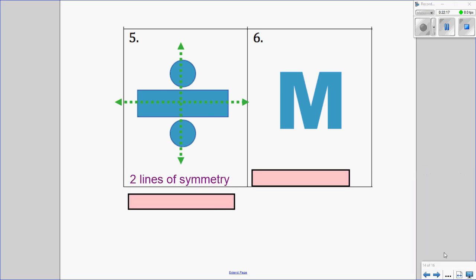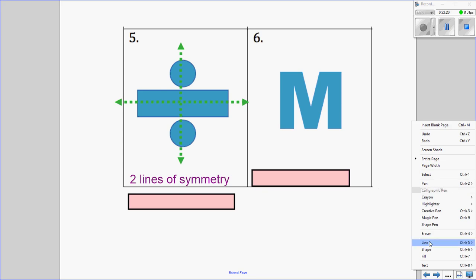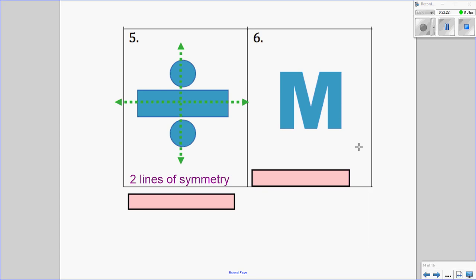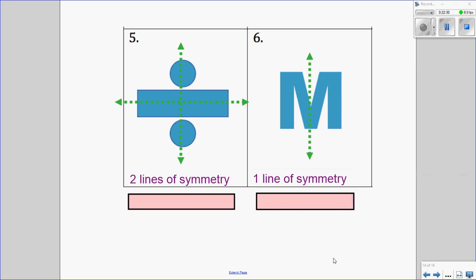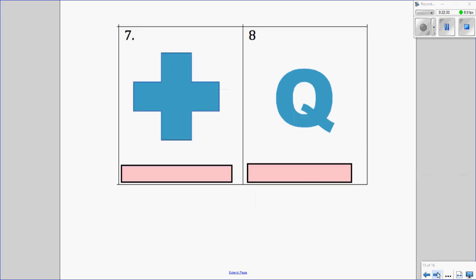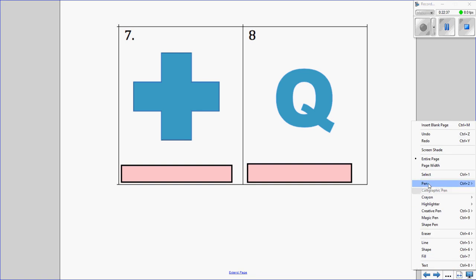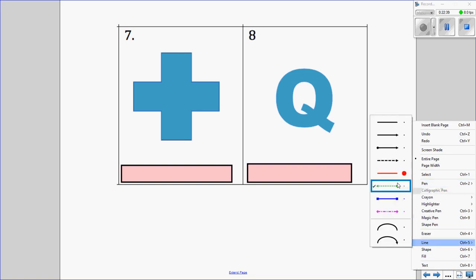And then for the last one, the letter M. How many lines of symmetry do we have for M? If you said 1, you are correct, just 1. 1 line of symmetry. Oh, 2 more shapes. The plus symbol. How many lines of symmetry do we have?